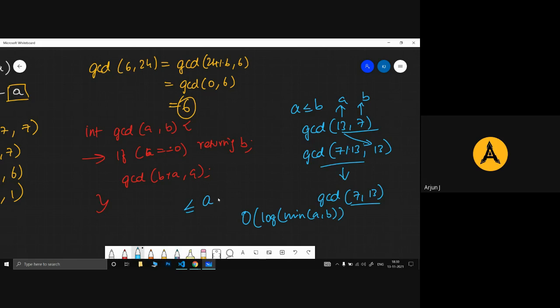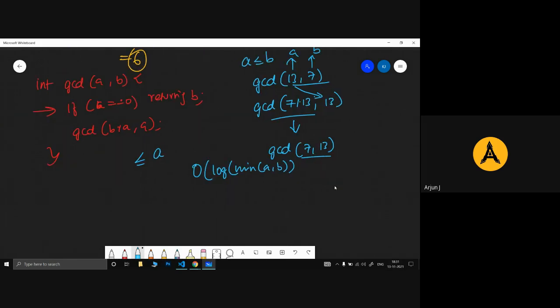So if you assume a is always less than b, you can directly say the time complexity is O of log a. There is a mathematical induction proof for the same, to which the link is given in the CP resource sheet. So what you need with respect to CP, you need not know proofs. You just need to understand these algorithms and their time complexity and be able to implement them wherever required.